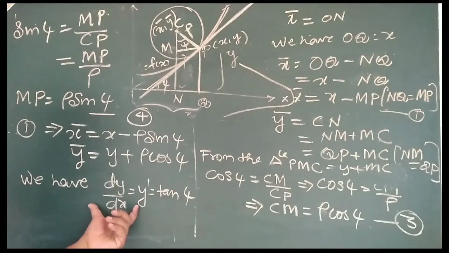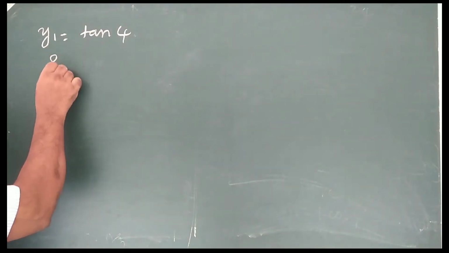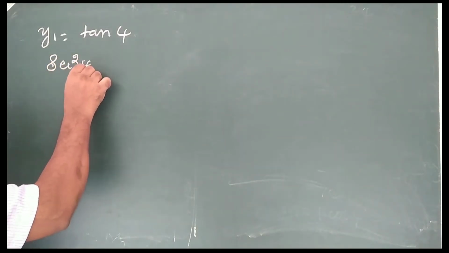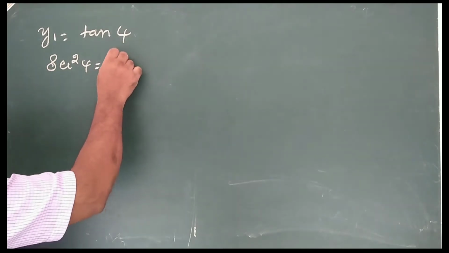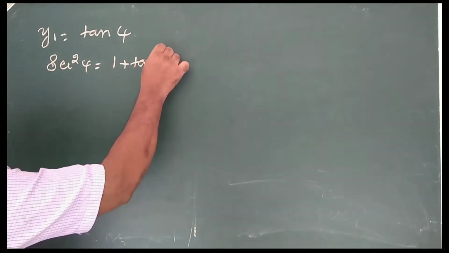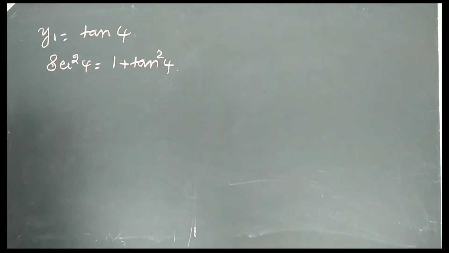That is equal to dy by dx. That is, y1 is equal to tan psi. So secant square psi equals 1 plus tan square psi.